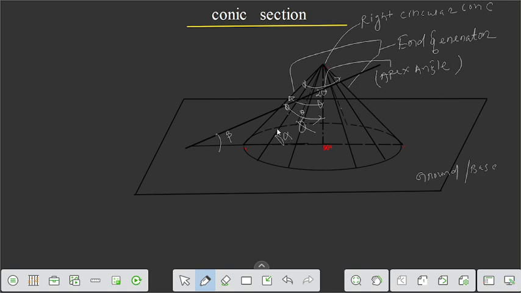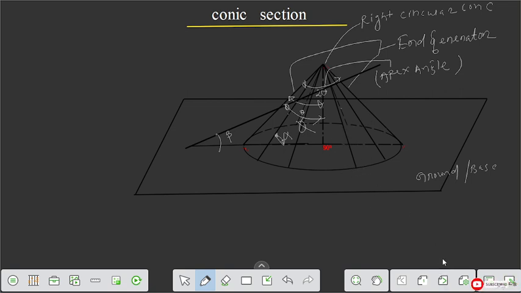So this is alpha, this is beta, this is theta, and this is phi. These four angles are very important terminology you have to remember, and with the help of these four angles we can generate ellipse, hyperbola, and parabola. This is the 3D view, and on the next page we can see the 2D view so that you can understand very clearly.